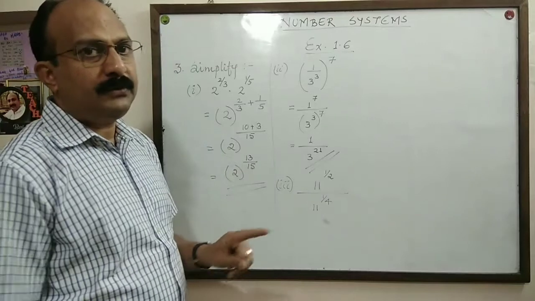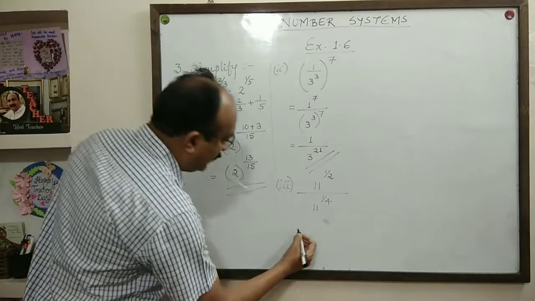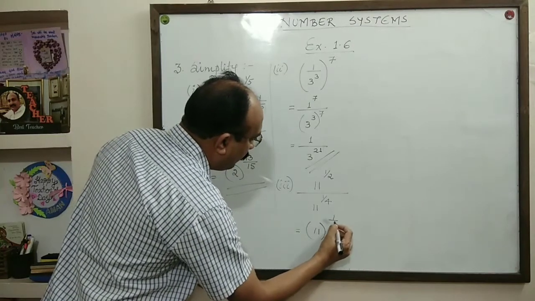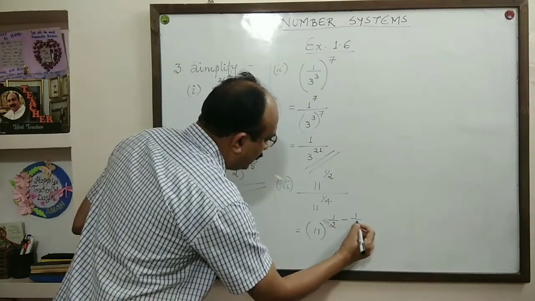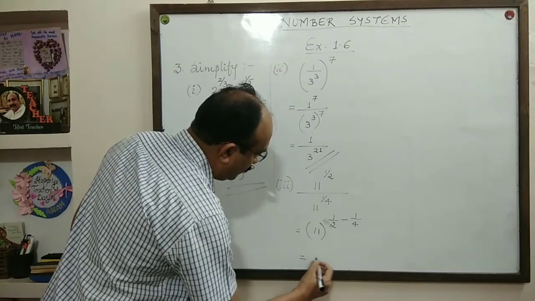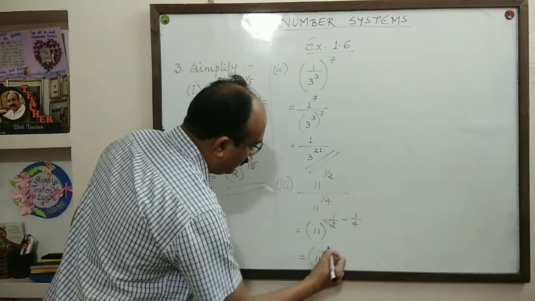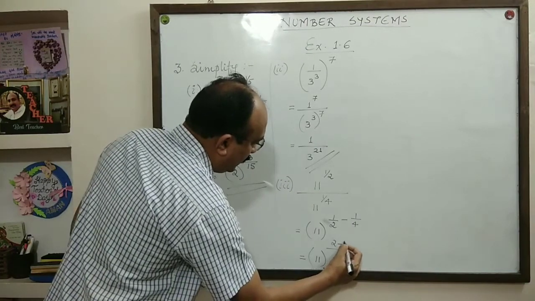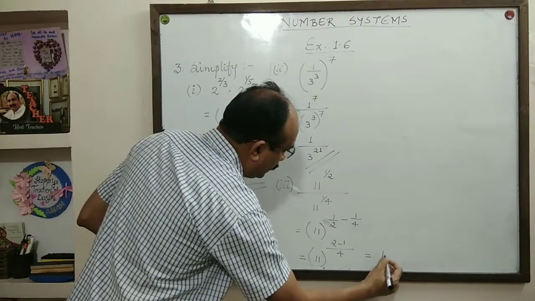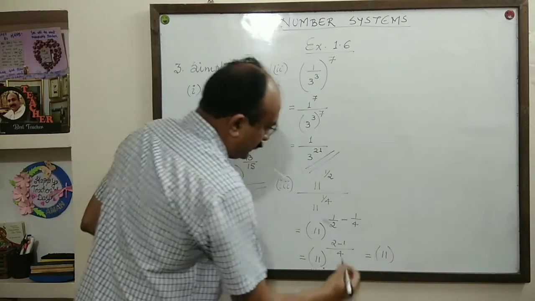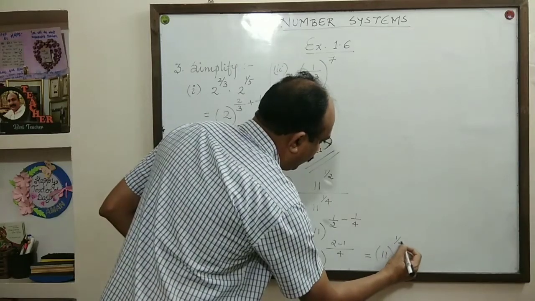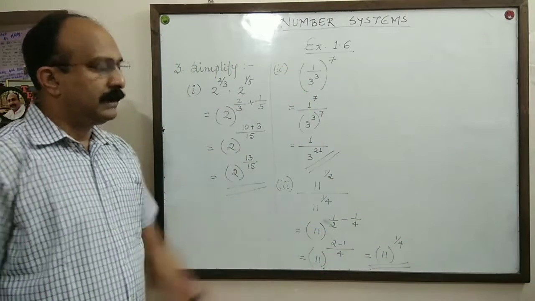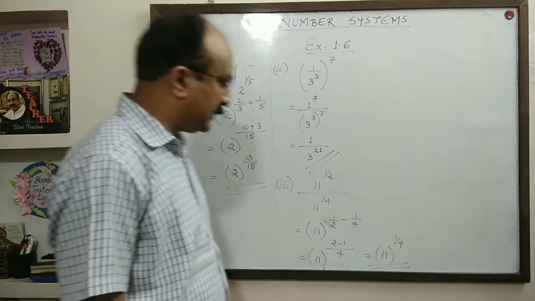The exponents will be subtracted. So we can write it as 11 power 1 upon 2 minus 1 upon 4, which is equal to 11 power, LCM 4, 2 minus 1, is equal to 11 power 1 upon 4. 11 power 1 upon 4 is the answer.